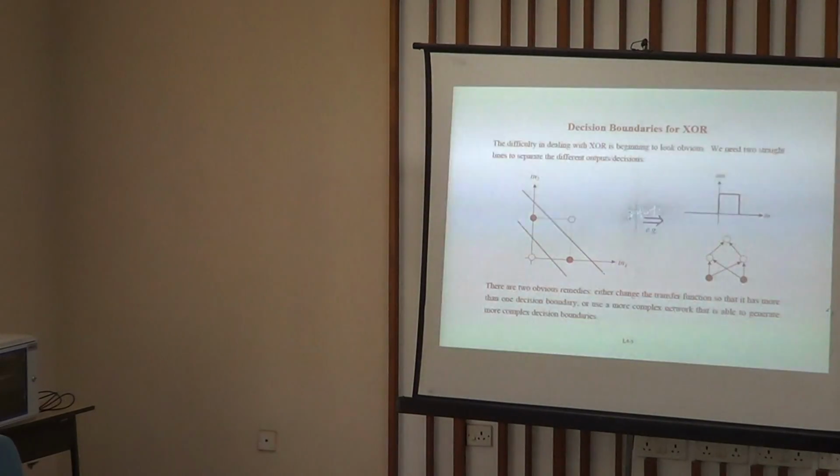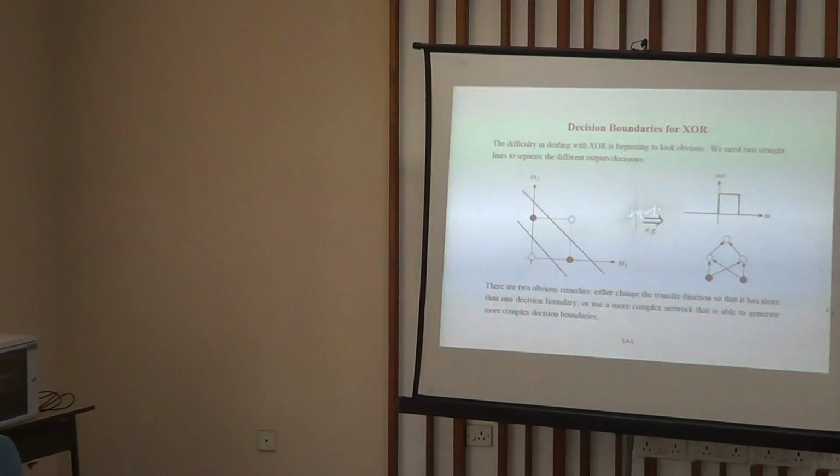So a straight line is typically W1 x1 plus W2 x2 equal to theta, whatever. It's a typical representation of a straight line in the x1, x2 plane.